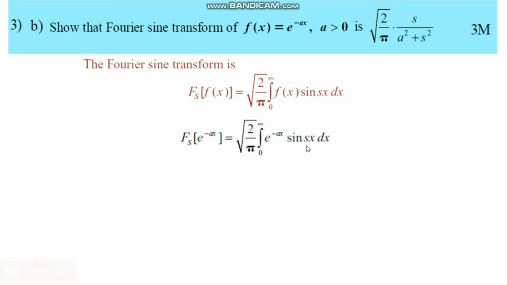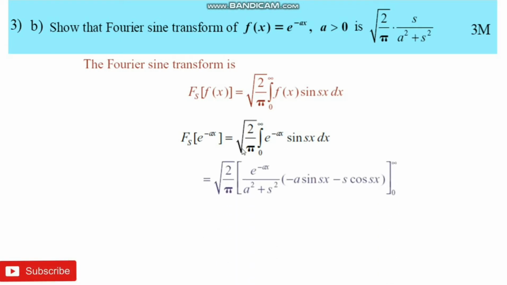sin sx dx. To evaluate this integral, we can apply a reduction formula: integral e power ax sin bx dx equals e power ax by (a square plus b square) times (a sin bx minus b cos bx). We have assumed a equal to negative a, b is equal to s, and consider the limits between 0 and infinity for the variable x.